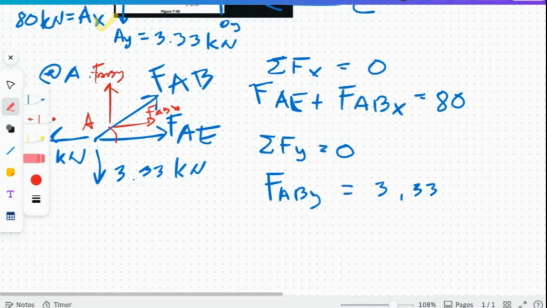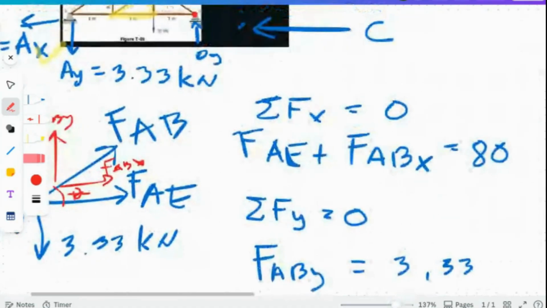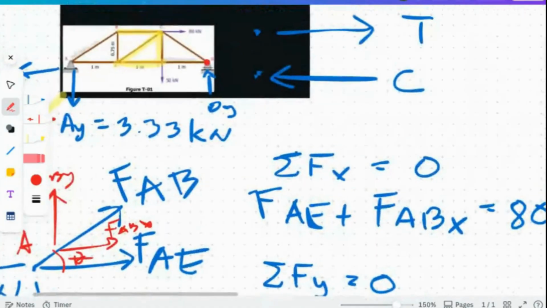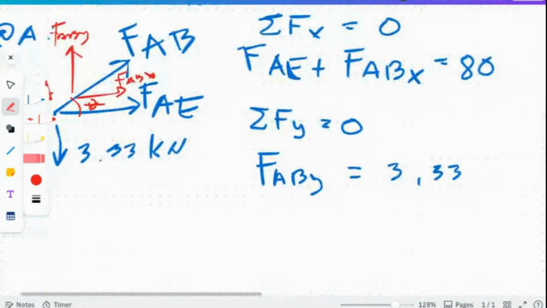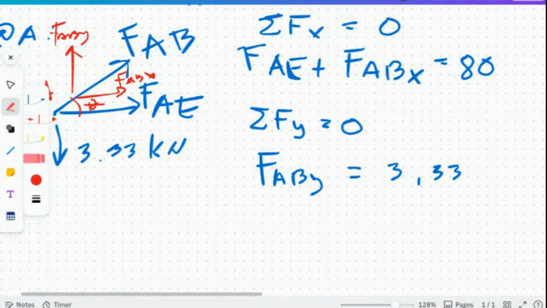So we need an angle, right? So angle theta, what is angle theta? We know from our figure that we have an opposite of 0.75 and an adjacent of 1.